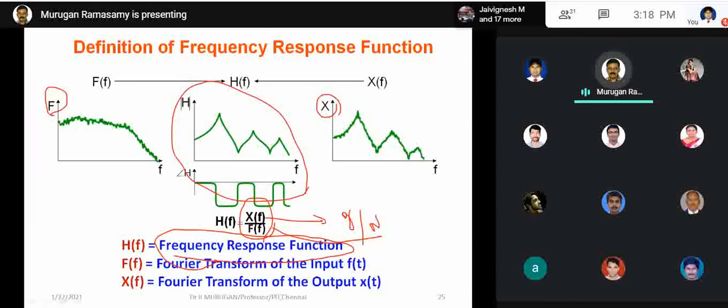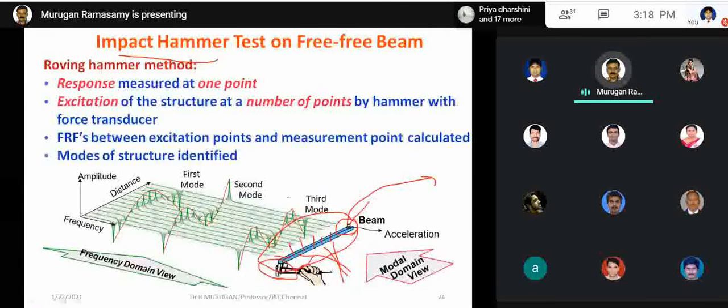So the unit for any frequency response function is g per N, and here it is measured in the frequency domain. Normally vibration responses are measured in the frequency domain, not the time domain, because a time domain signal will not give much information. So frequency domains are most preferred.